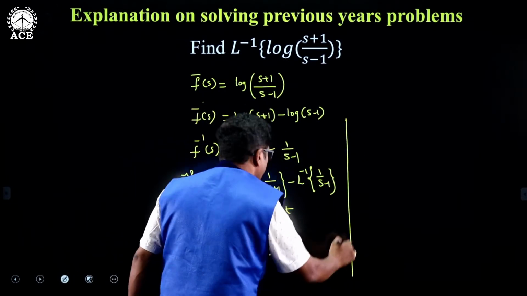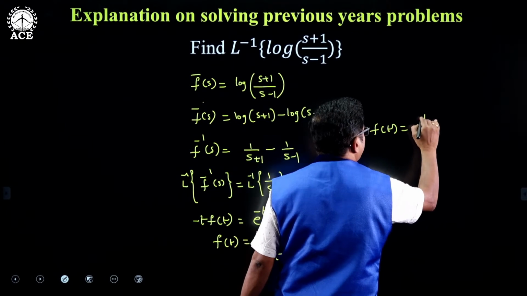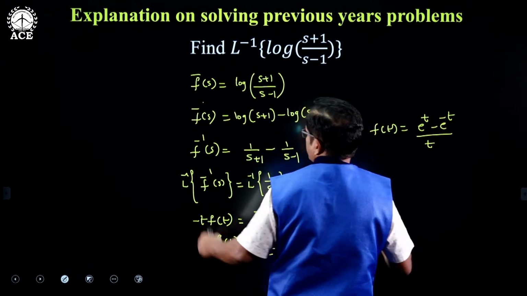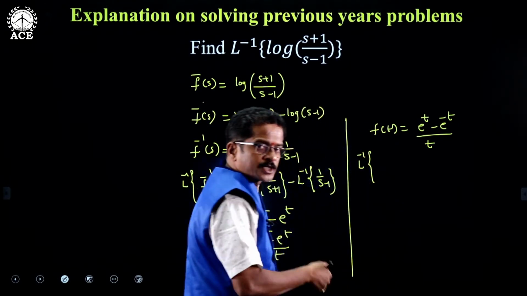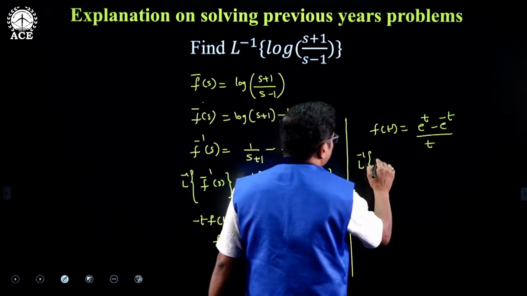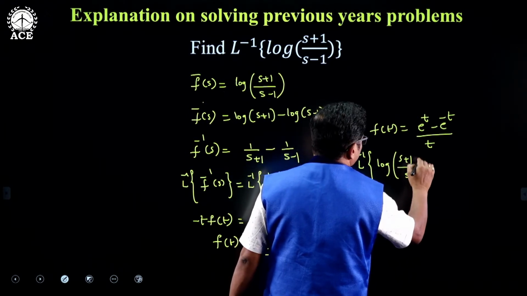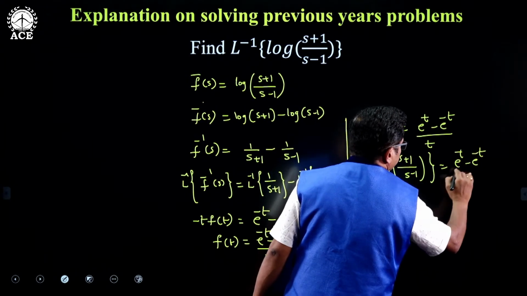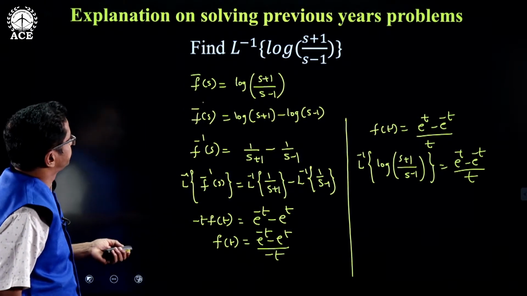So f of t equals e power t minus e power minus t by t. So L inverse of f bar of s, where f bar of s is log of s plus 1 by s minus 1, equals e power t minus e power minus t by t. Right? It's like this.